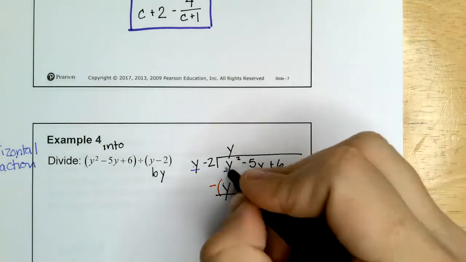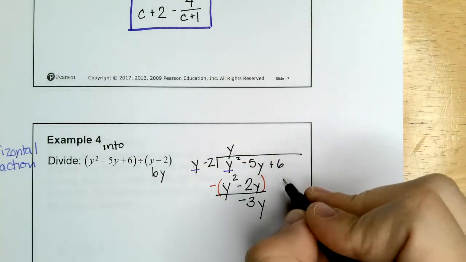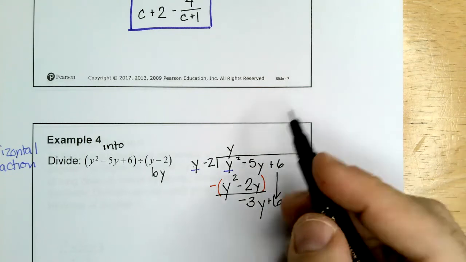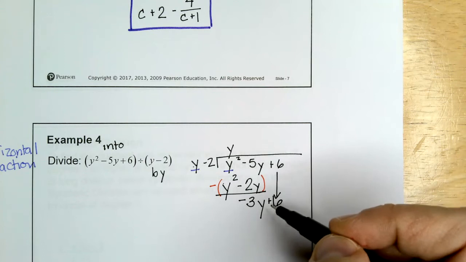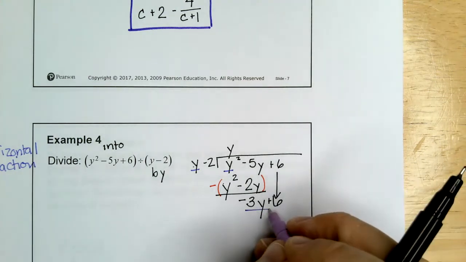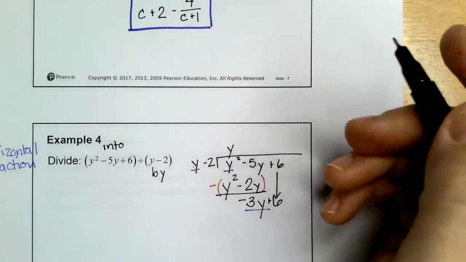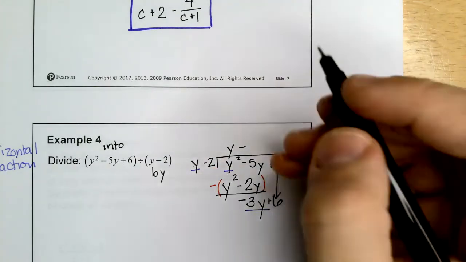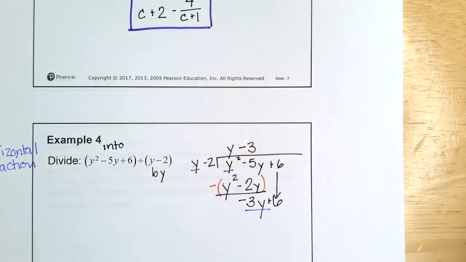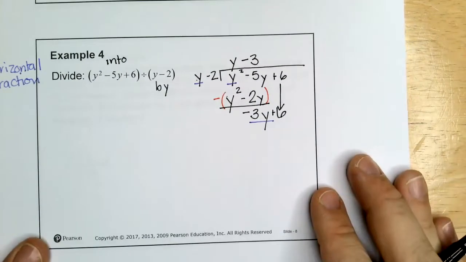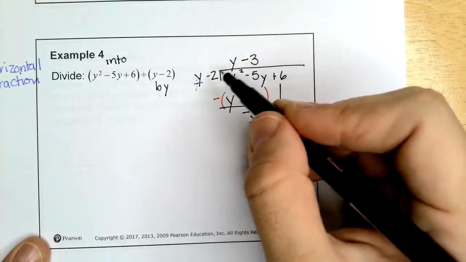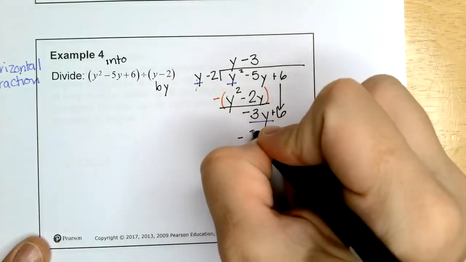I have two terms here, so I need to bring down a second term. Now I have negative 3y. Only look at your first term and y. To get a negative 3y from y, I need to multiply by a negative 3. Now I'm going to multiply that negative 3 by everything. Y times negative 3 is negative 3y.